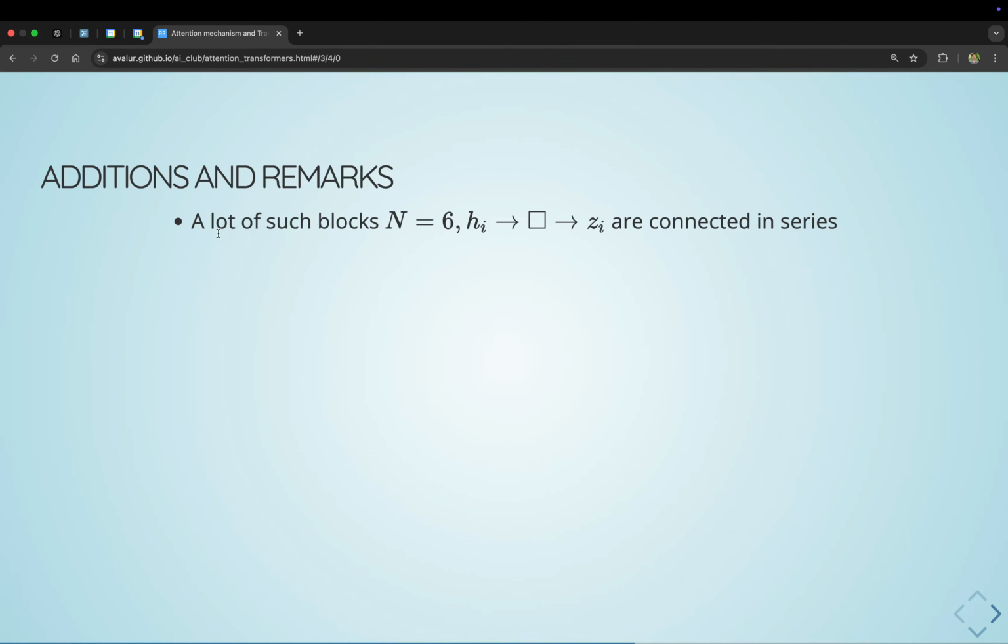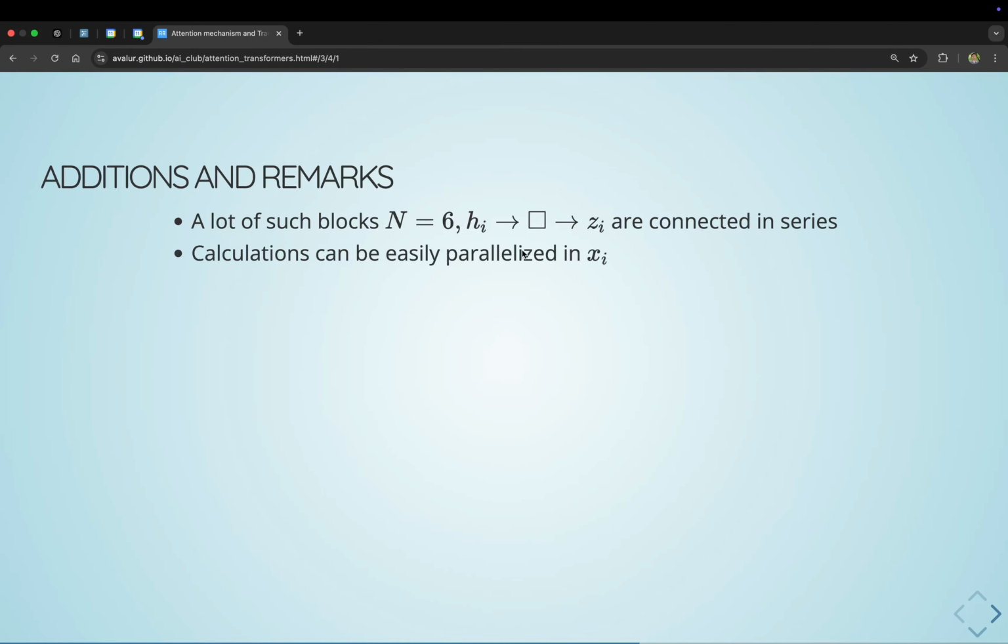So not 1, but 6 such blocks, performing the same operations from hi to zi. Now we start with zi and get z prime, and so on, 6 times.